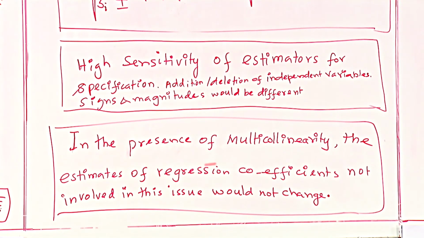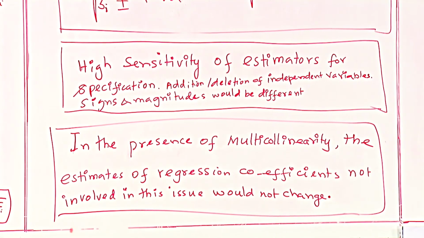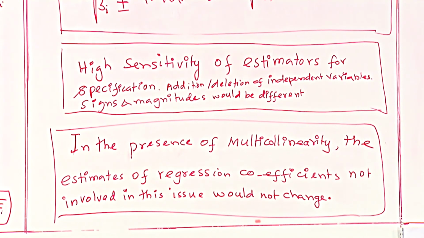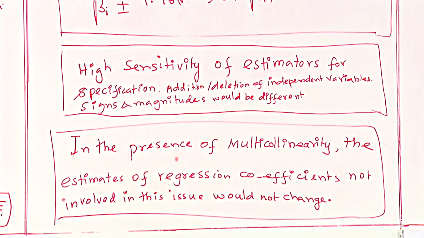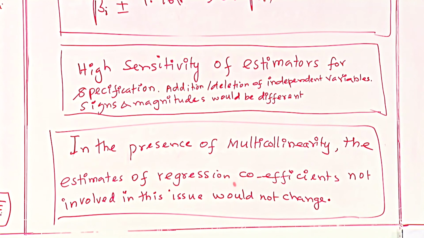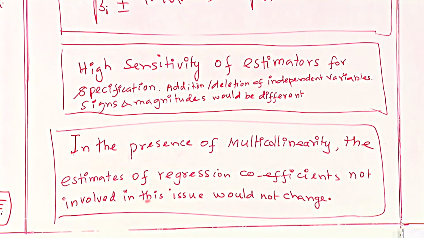The estimates of the regression coefficients of variables not involved in this problem would not be changed much. So, that is another consequence. Actually, the multicollinearity problem only affects the regression coefficients of the independent variables which are affected by it, otherwise it will not affect the other independent variables.